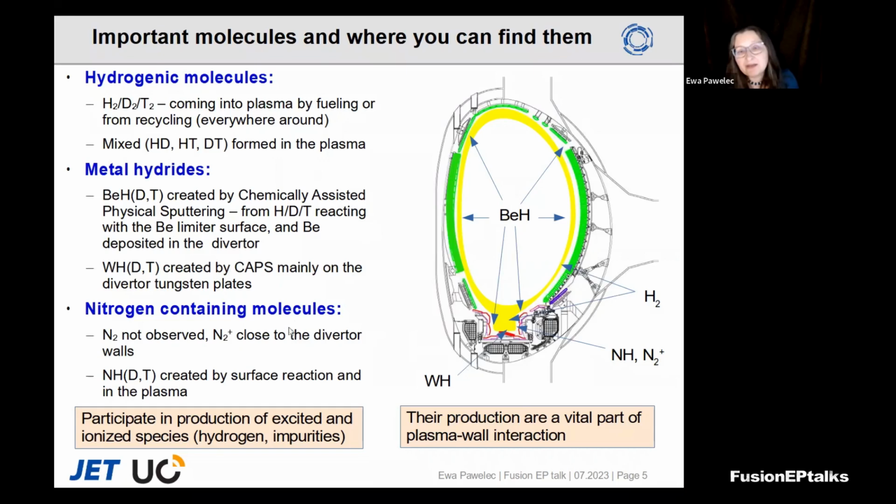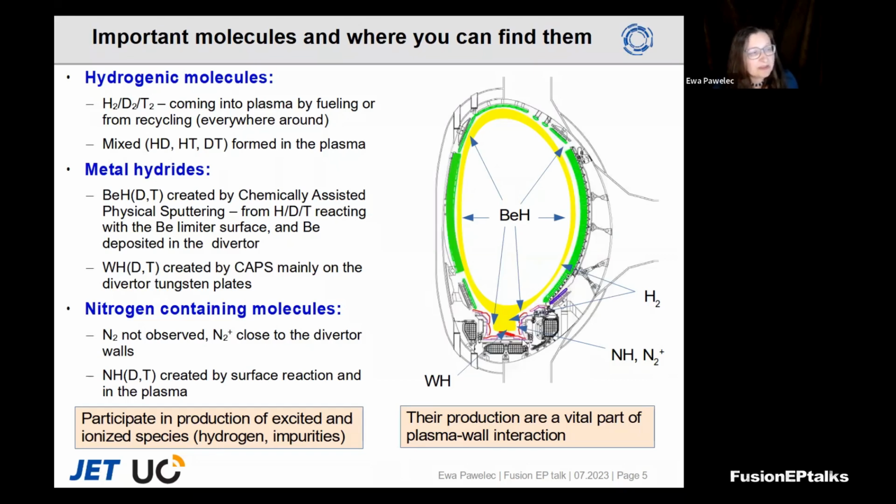We can have also the nitrogen-containing molecules, because JET is from time to time nitrogen seeded. So we could have nitrogen molecules, but we didn't observe them. So they probably are very quickly changed into N2+, which is the nitrogen molecular ion, which we did observe.